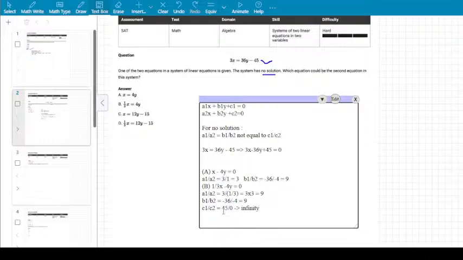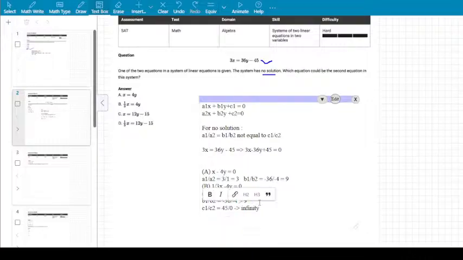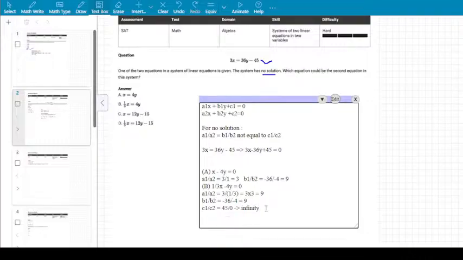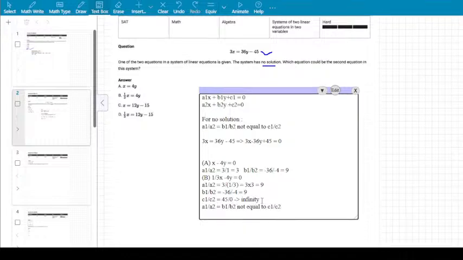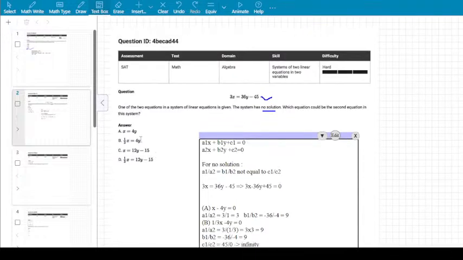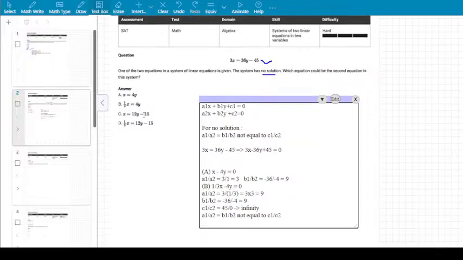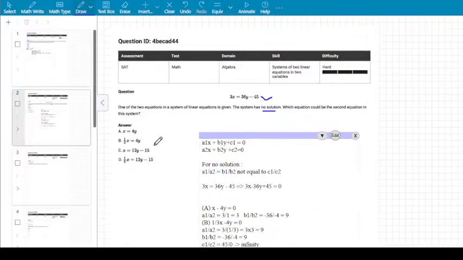So this is clearly different from a1 by a2 and b1 by b2. So here the condition holds. So we can safely say that B is the correct answer, because if B is paired with this equation, then the system will have no solution. So this will be our correct answer.